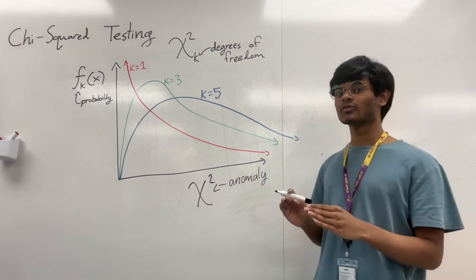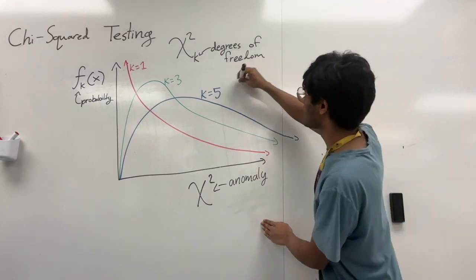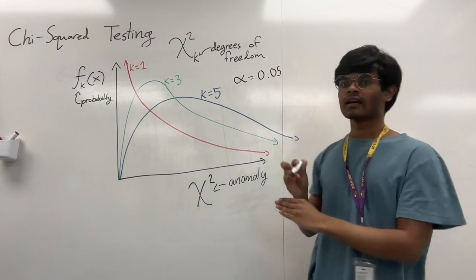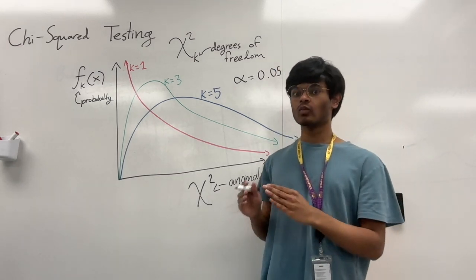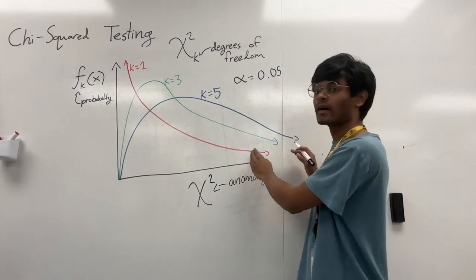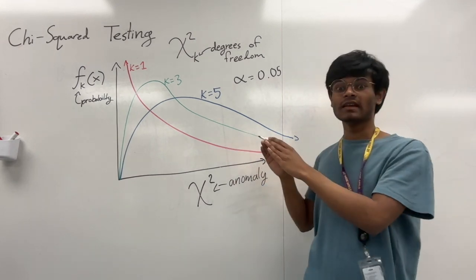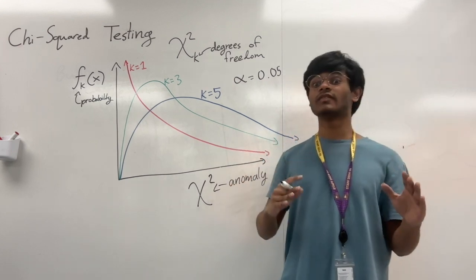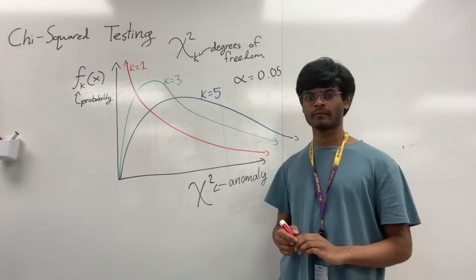What we do is we assign what we call an alpha value, or some p-value. It's some cutoff where we say that if our anomaly fits into where, if it was random, there would only be less than a 5% chance of seeing that anomaly, we'll say it's statistically significant.